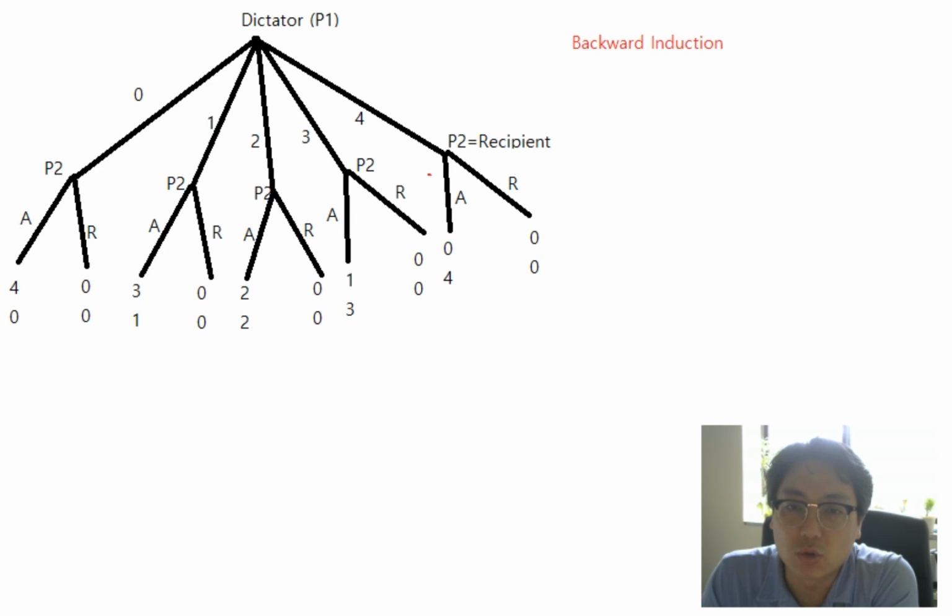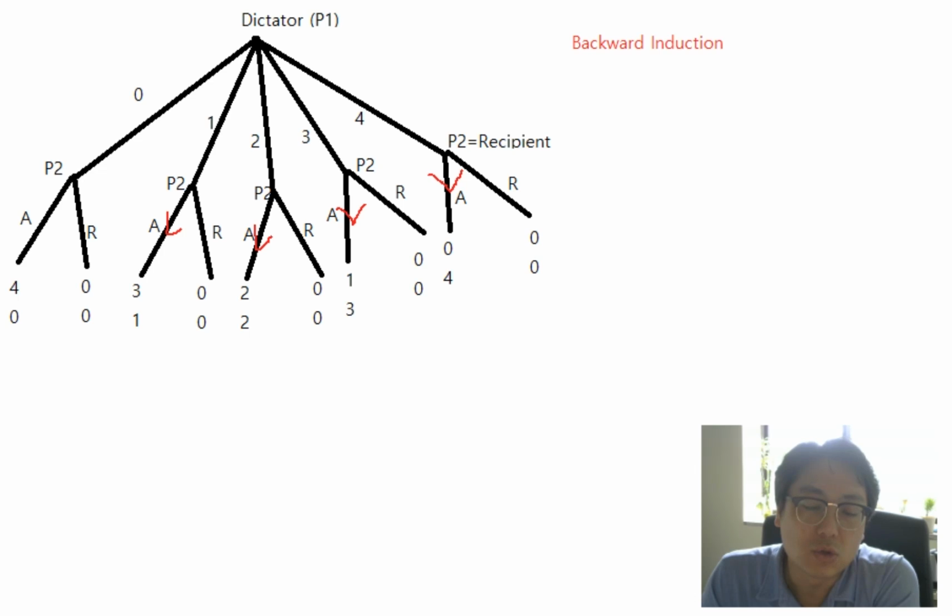So player 2 will accept that offer. That is reasonable. When this node is reached, player 2 will accept the offer because 3 is better than 0. And also accept and accept, right?